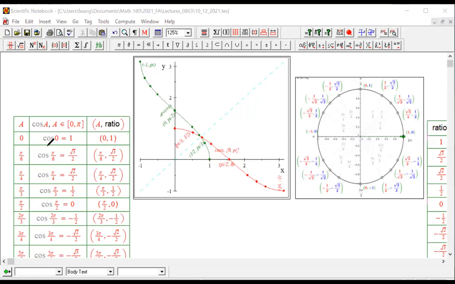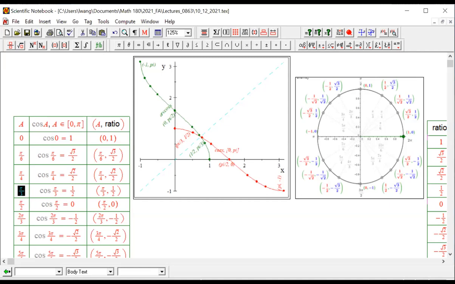So this is from A to D, right? A to D. From pi over 3 to the ratio. So A is the angle, pi over 3.